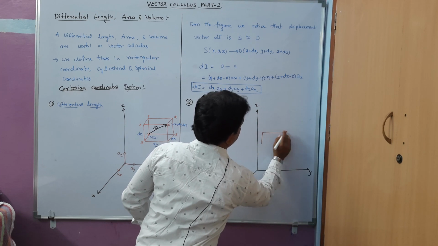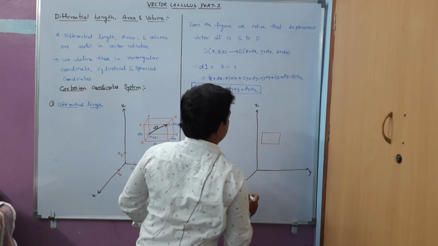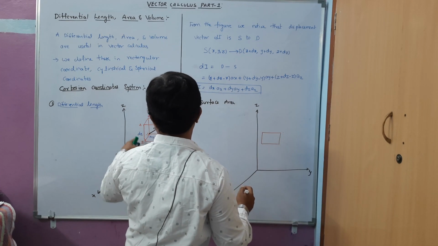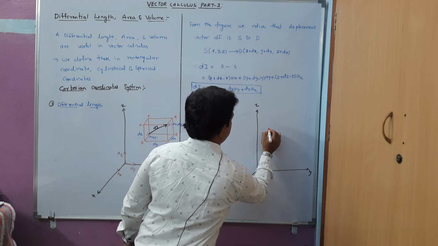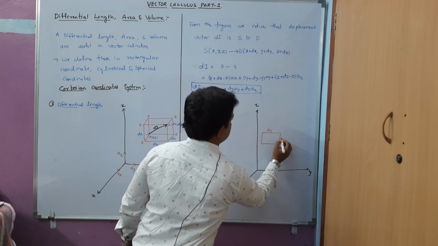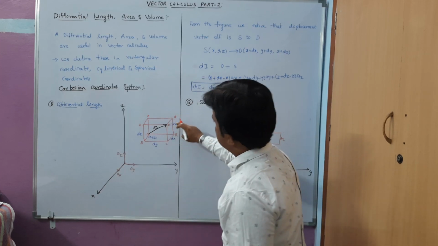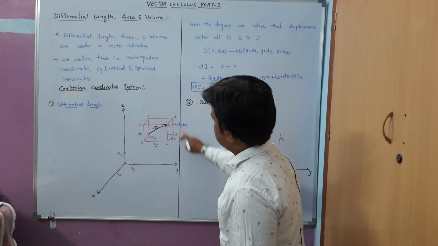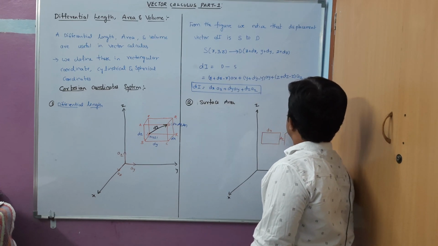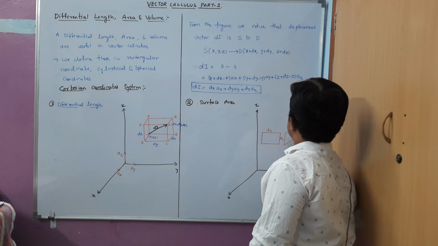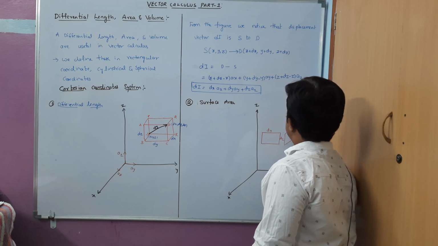So for this we are having dy and dz. Similarly I get like this along the x direction and z direction, that is dx and dz.